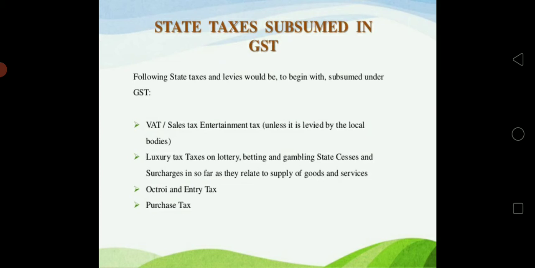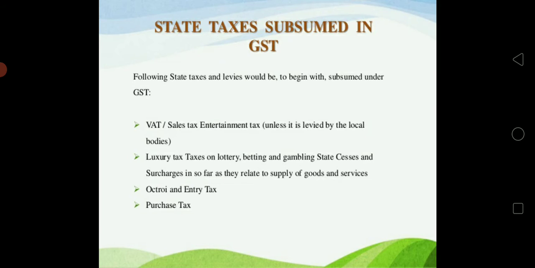And next, luxury tax, like lottery, betting and gambling. These all come under luxury tax. And next one, octroi and entry tax. In entry tax, the local tax is paid on consumables brought to a state at the time of entry.